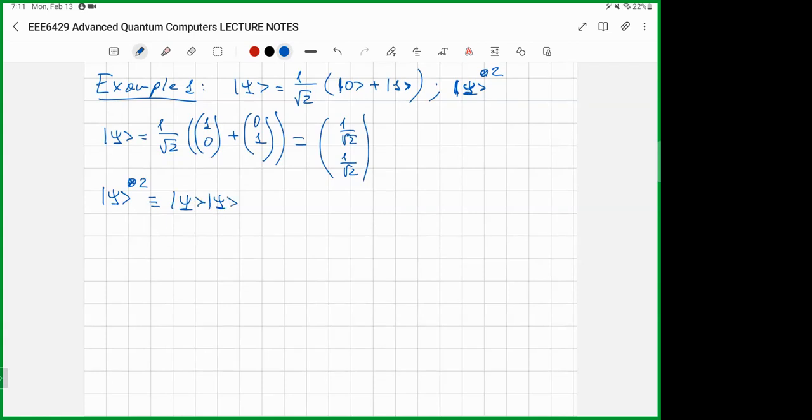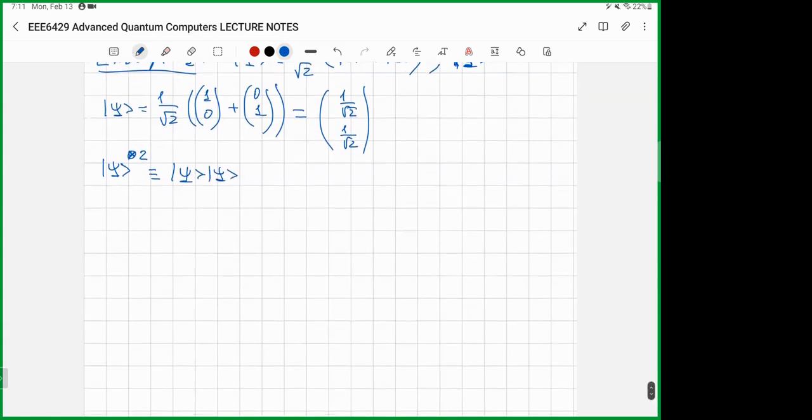So it's equal to (1 over square root of 2, 1 over square root of 2) tensor product (1 over square root of 2, 1 over square root of 2), and again I just multiply each element by the vector, so the result will be (1/2, 1/2, 1/2, 1/2).